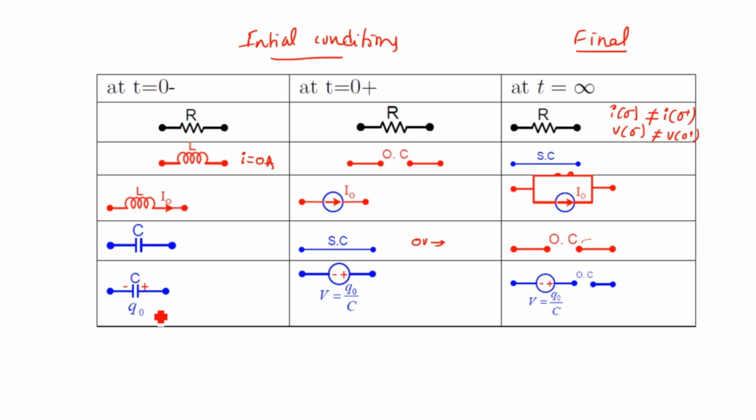One more possibility, initially the capacitor is charged with some amount, some charge Q0 is available in the capacitor with this polarity. Immediately after switching it acts as a voltage source of value Q0 by C. For the same conditions, if the capacitor is charged completely by keeping the voltage source across it and there is a flow of current, and it is maintained for a long time interval, then it acts as an open circuit.